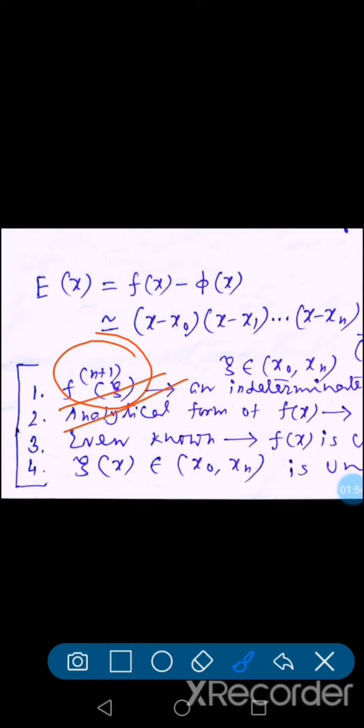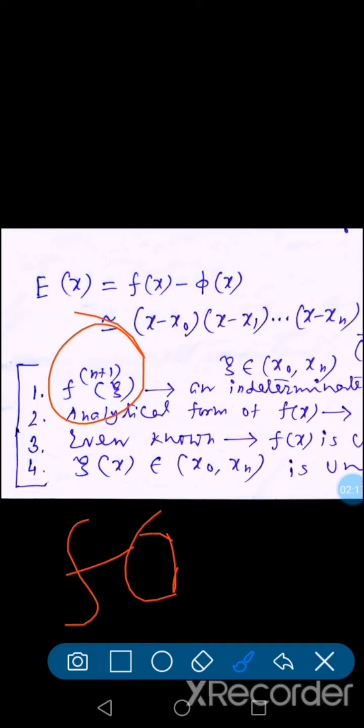Moreover, as xi belongs to (x naught, xn) and is an unknown number, the determination of f^(n plus 1)(xi) is impossible, even if we know f^(n plus 1)(x).